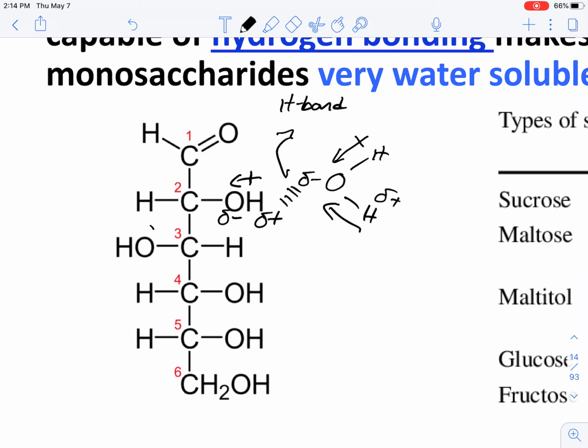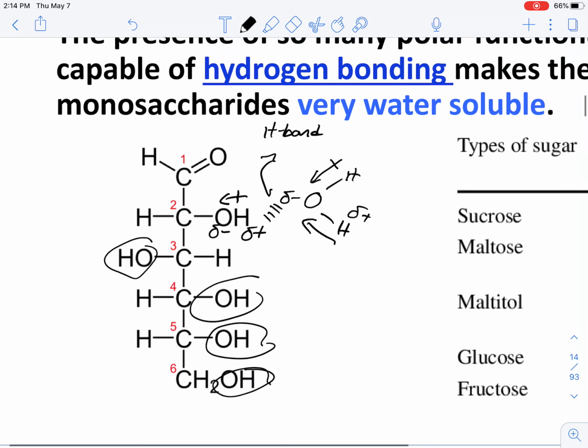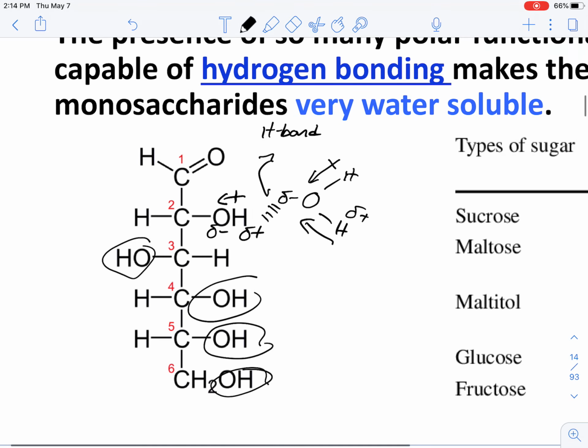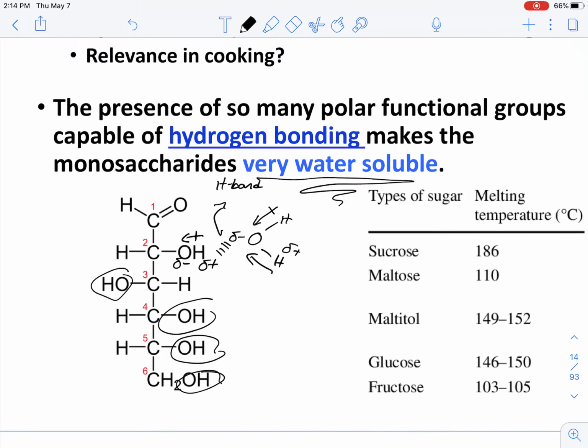And so since there are so many hydroxyl groups, one can imagine that these hydroxyl groups can really heavily interact with these water molecules, allowing it to be very water soluble. Okay, so this is the reason why when you take table sugar and place it in water and stir it around, that sugar automatically dissolves if that solution is still unsaturated.